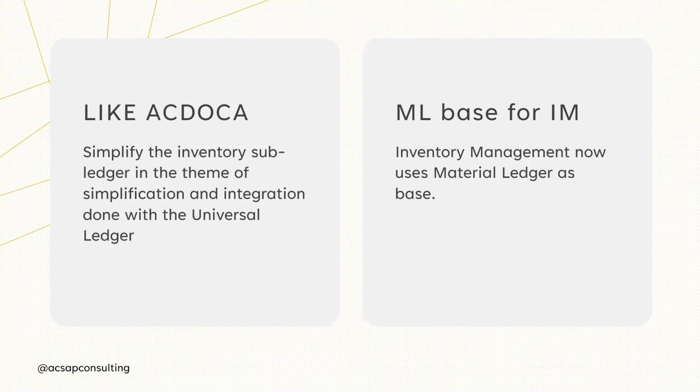So for example, if you do not start by using parallel valuation or actual costing when you implement S4HANA, but later on you want to activate these functionalities, then in order to reduce the effort of activating them at a later point of time, it is beneficial to have material ledger already activated and all the transactions already recorded on the material ledger, so that it will be easier for us to activate these functionalities going forward. So that is the reason material ledger is the base for inventory management, and material ledger is also mandatory in order to record all the transactions on ACDOCA, our universal journal table.